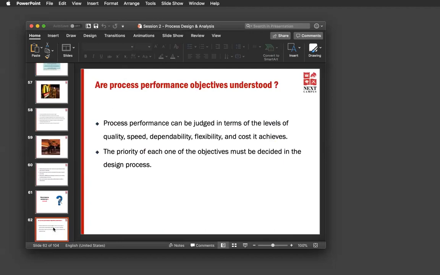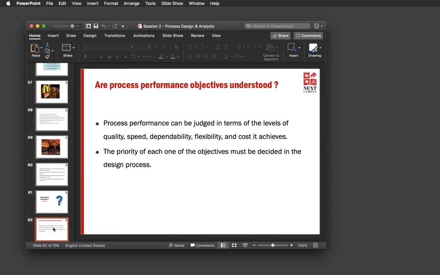So make the product a product of high quality because it's manufactured to suit each customer's expectations. Each customer's expectation is going to be different, so you focus more on the quality. Likewise, speed. Likewise, dependability. Likewise, flexibility.